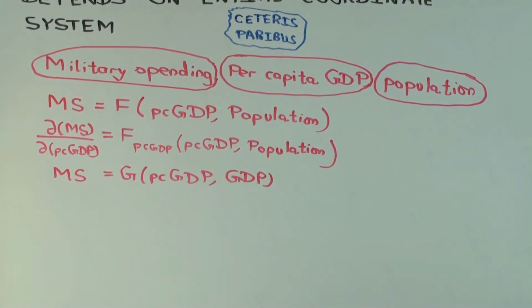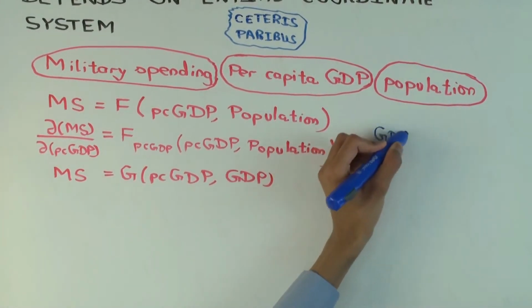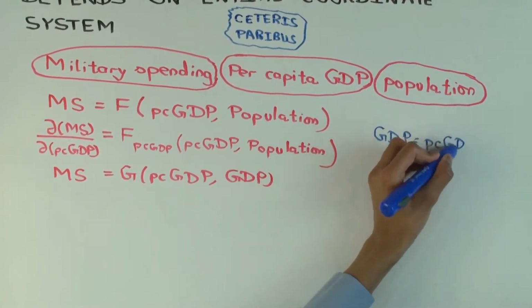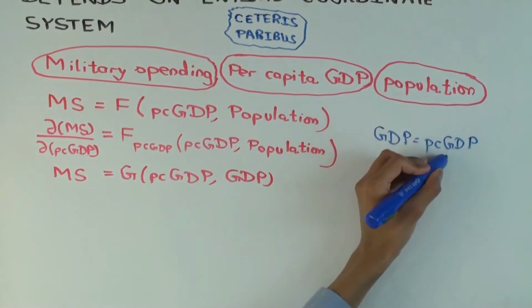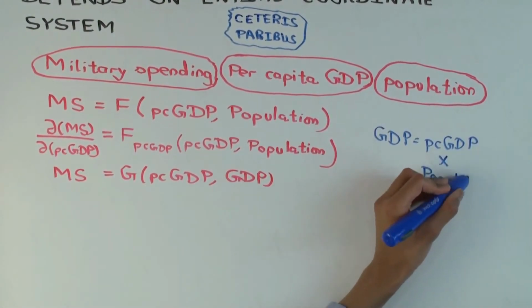So GDP, let's write that down here. That's what per capita means. Per capita just means GDP divided by population.